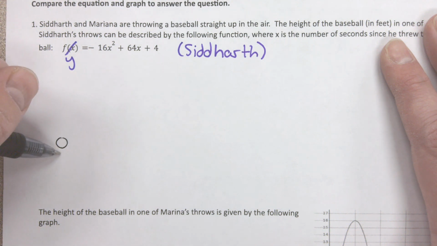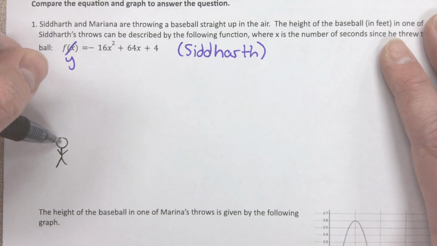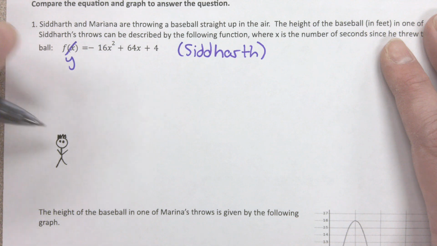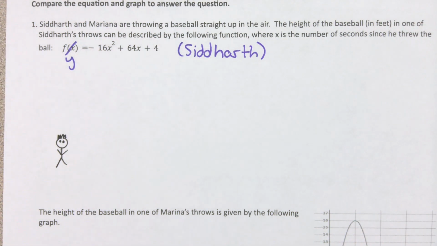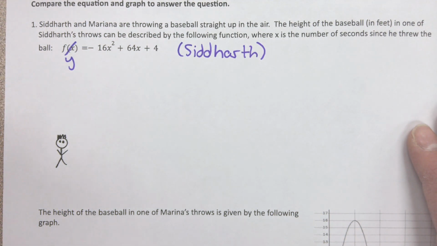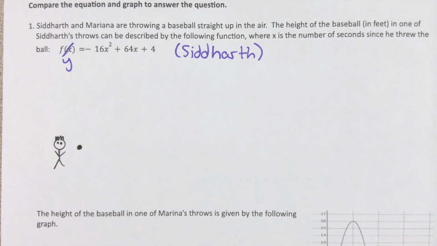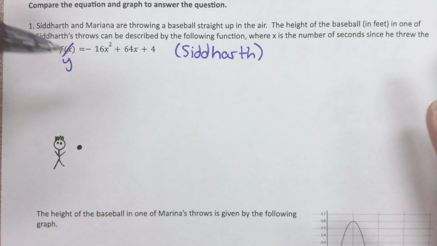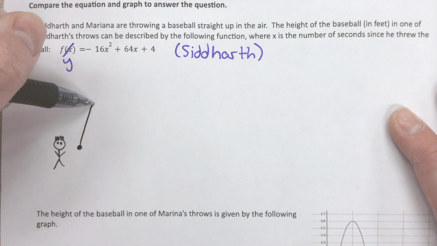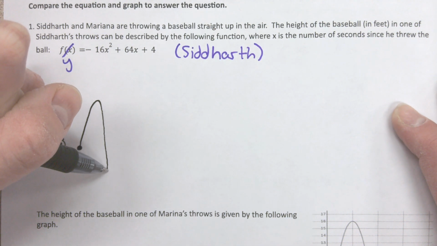So I'm going to have Siddharth, and he has a baseball. He's going to toss this up in the air, and the goal is to get it as high as possible. So he's not going to throw it out, but toss it up. So it's going to go up, and it's going to come back down.